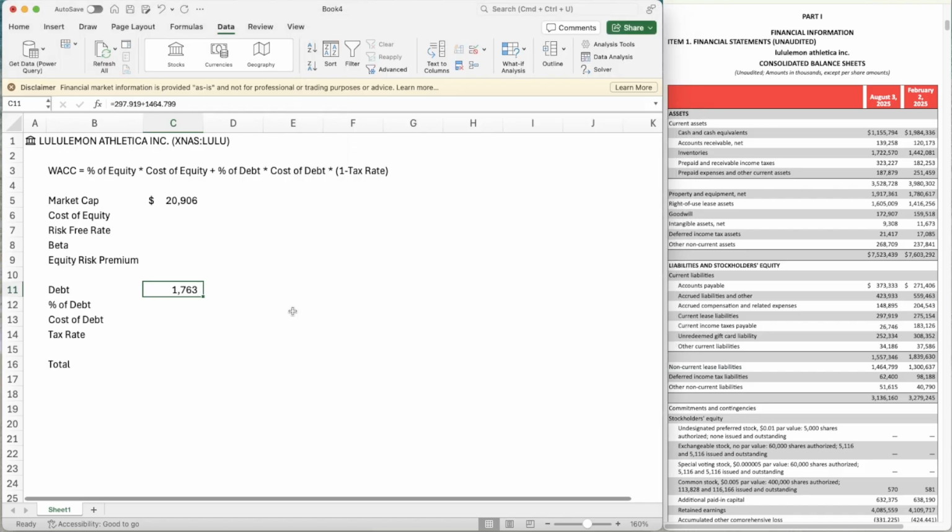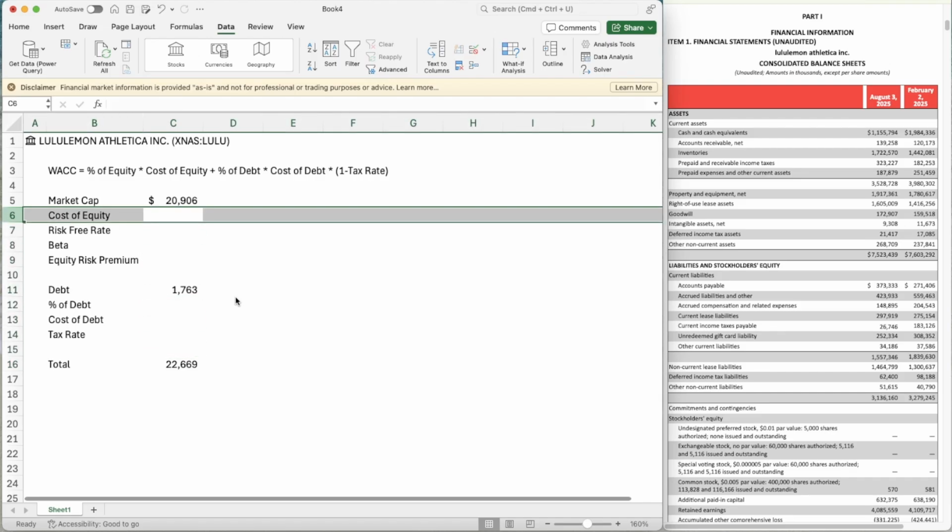There we go. Which means the total is the sum. There we go. And so, I missed out the percentage of equity.